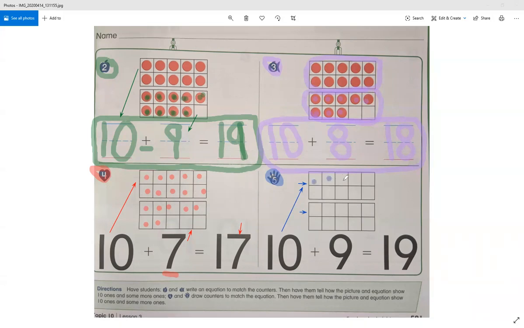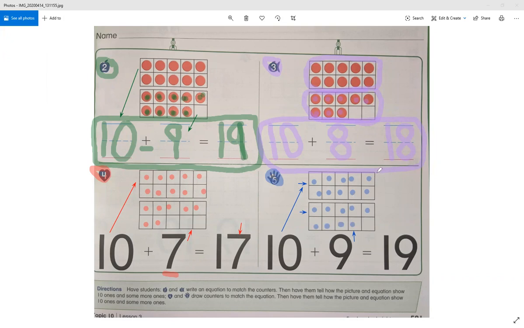Let's put 1, 2, 3, 4, 5, 6, 7, 8, 9, 10. And remember, we're on number 5, so you should put that on your paper. So I plugged in my 10 up here. Now, what number do I plug into the second 10 frame? This 9, don't we? Because 10 plus 9. So there's 10 up here, and we're adding 9 more right here. So let's add 9. 1, 2, 3, 4, 5, 6, 7, 8, 9. Cool.